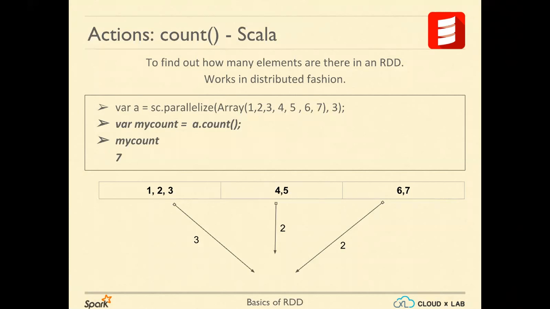Now, when we say count, it asks all the partitions. It asks the machines or the Spark application to start counting parallelly on all the machines. Imagine that you have three rooms full of coins, and you need to count how many coins are there.